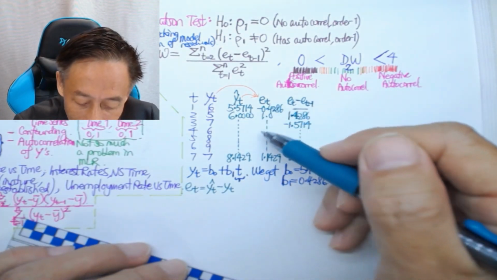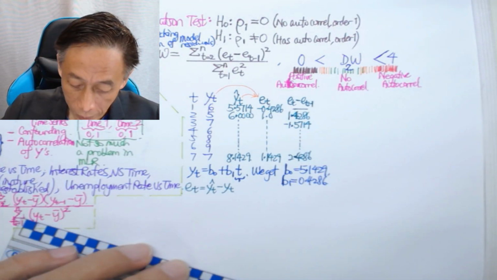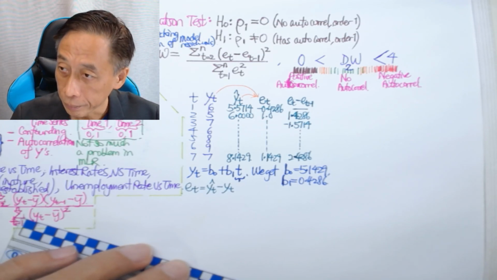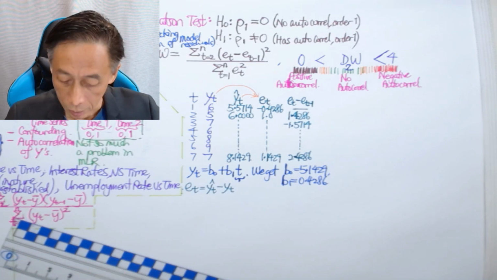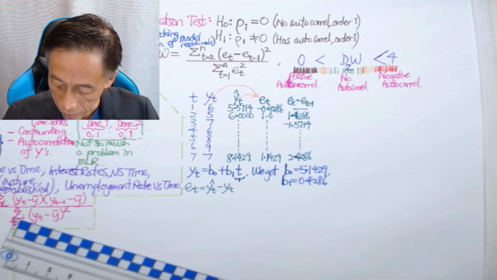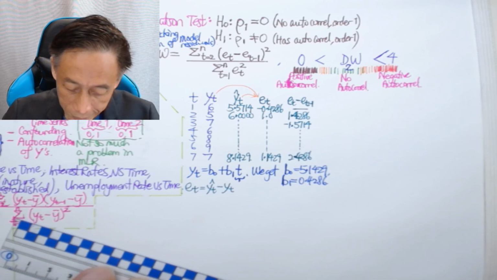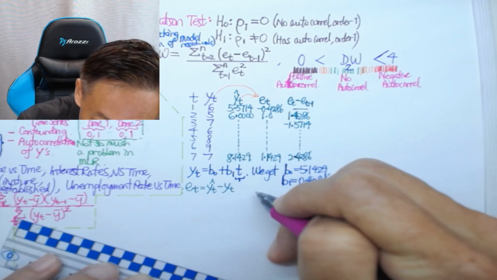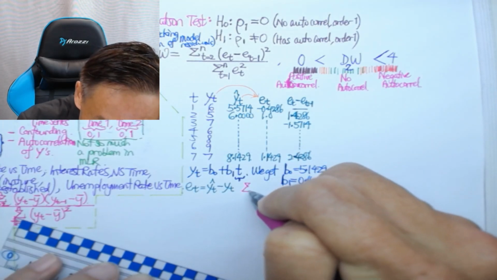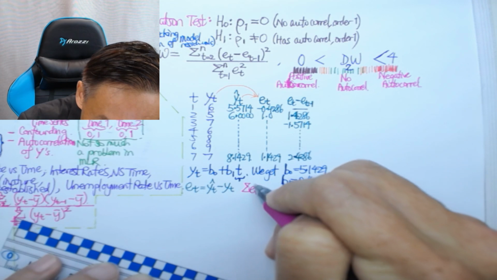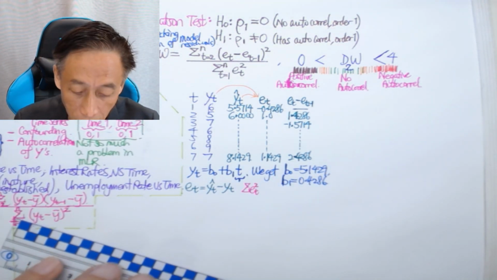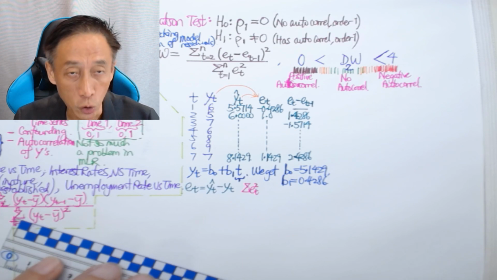So sum of squares. Okay, you can do sum of squares very easily in Excel, SUMSQ.